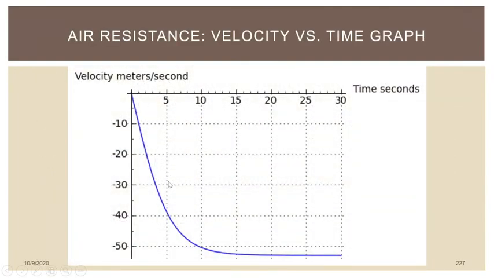But as time continues, the velocity is increasing, but it's increasing by less and less each second until, notice, it stops increasing at all. Take a second to sketch this graph. And when you hit play, we'll write a little explanation.